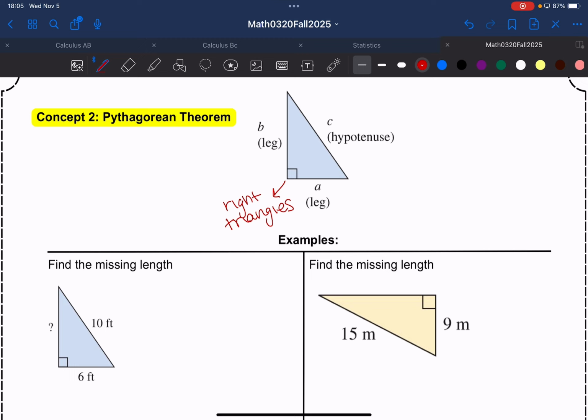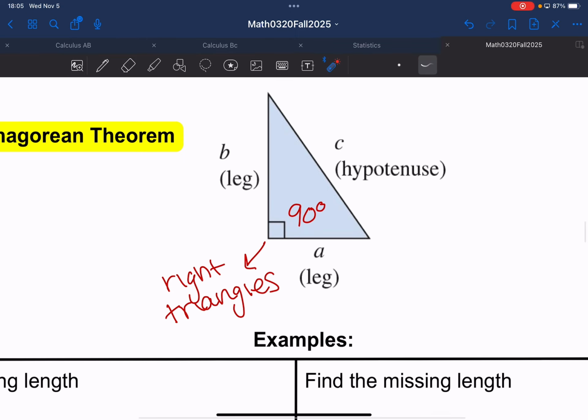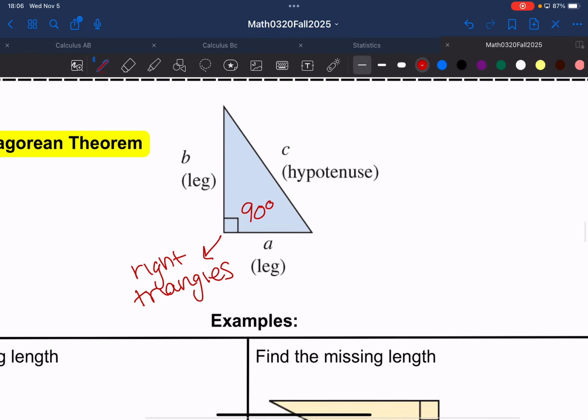And we know they're right triangles because in the corner they form a 90-degree angle. And that's denoted by this box right here in the corner. That's a 90-degree angle.